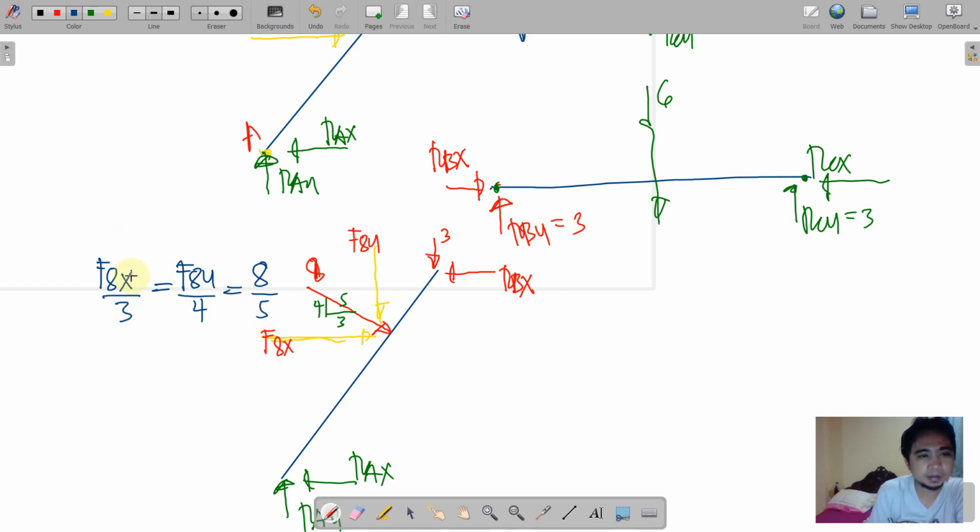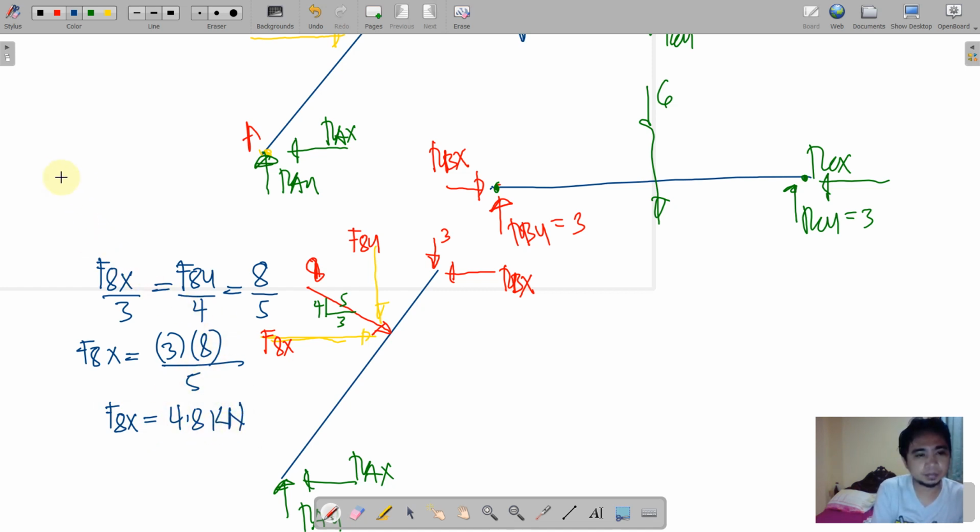Okay? So ngayon, we can write now F8X. Cross multiply mo lang yung 3 doon. Times 8 all over 5. So 8 times 3 all over 5. We have 4.8. So F8X is equal to 4.8 kilonewton.